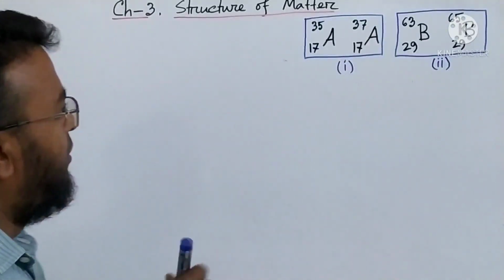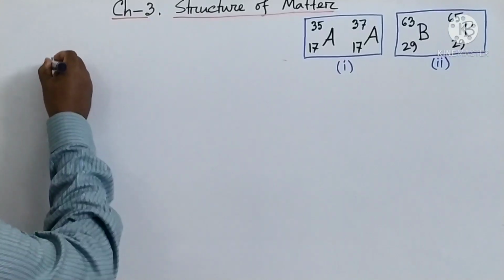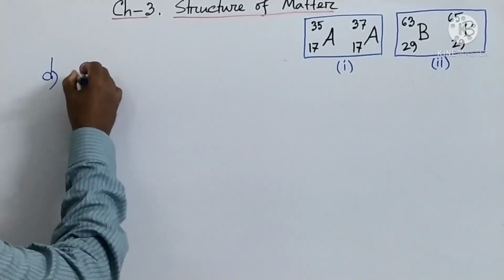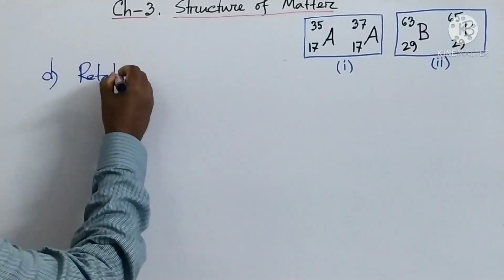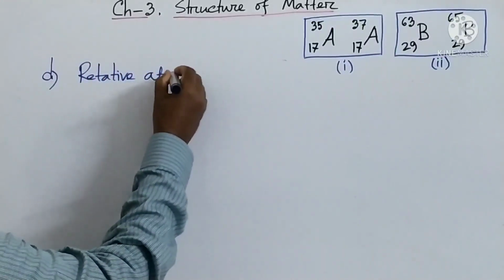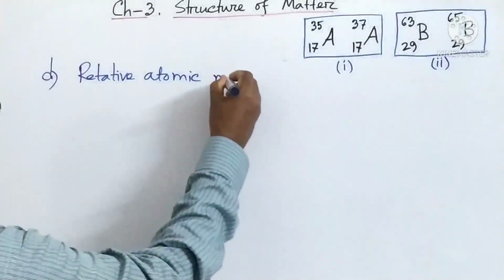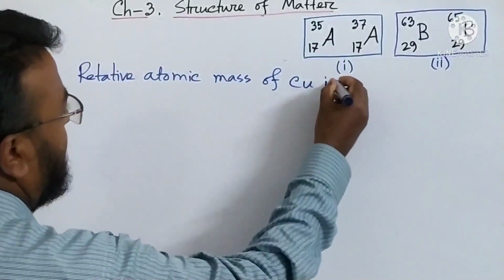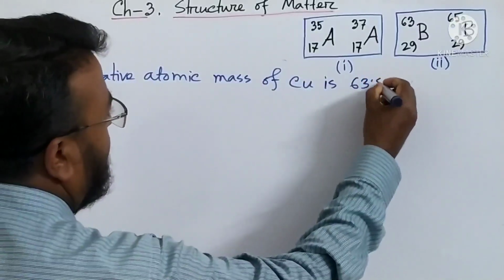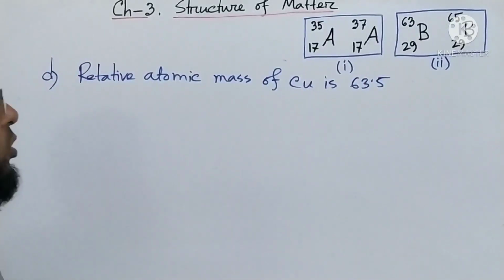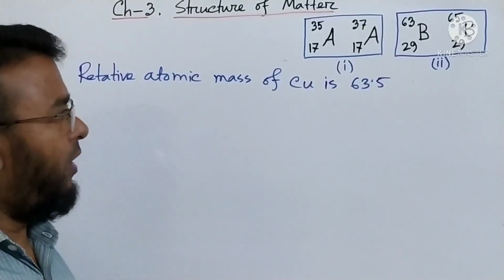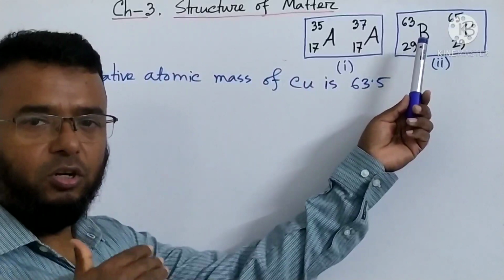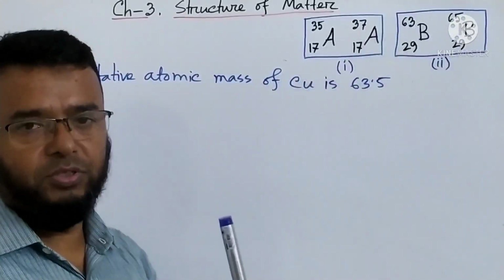First of all, I think everybody knows the relative atomic mass of copper is 63.5. This we know. Now we have to find out the percentage of these two isotopes available in nature.